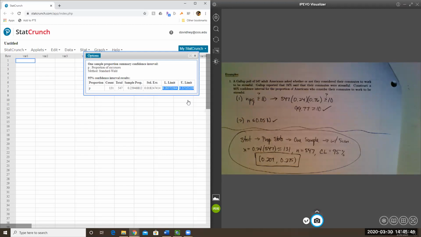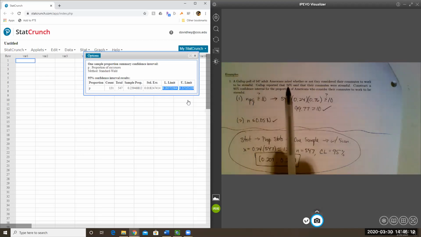Now in this problem, I didn't ask us to interpret the interval, but I think it's worthwhile to pause and think about what we just did, right? So let's interpret the interval just verbally. We won't write anything down, but verbally we would say, all right, this is a 95% confidence interval for the proportion of people who feel their commutes to work are stressful, right? We know for a fact that 24% of people in the sample said their commutes to work were stressful.